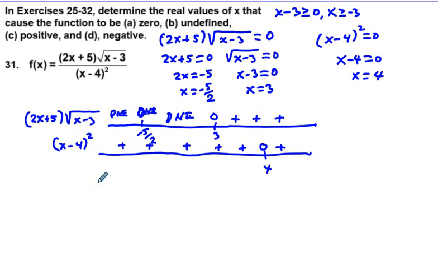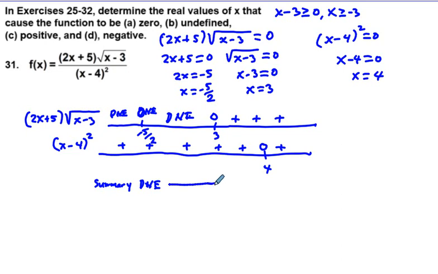So our summary: less than negative 5 halves we have does not exist. But it does not exist all the way up to x equals 3.